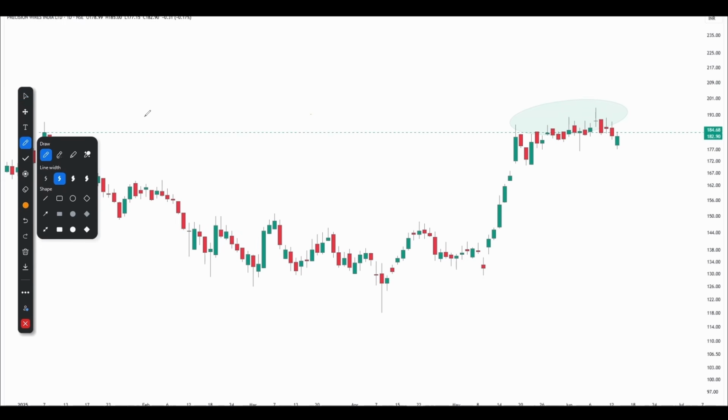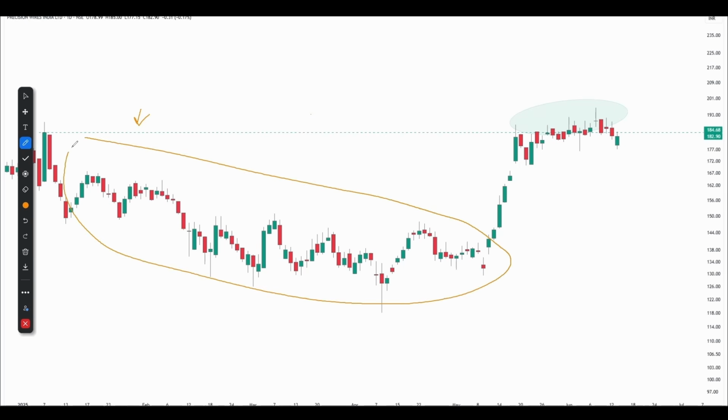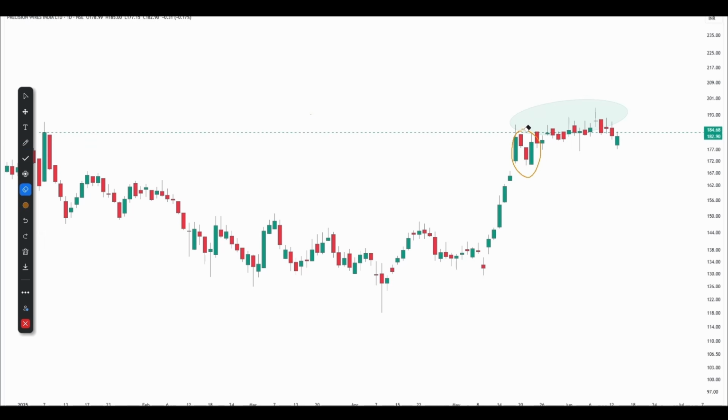Now same thing in Precision Wires. Same thing, LHS, RHS up to criteria. Good contraction up to this point, but you can see that the contraction structure deteriorates after each candle.